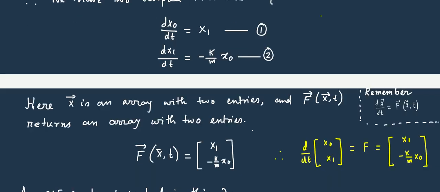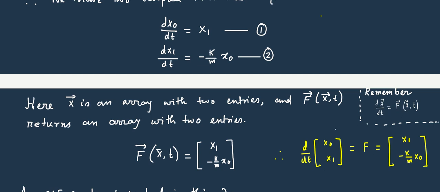Therefore x vector is an array with two entries, and f of x vector comma t returns an array with two entries. That means f equals x1 and minus k by m x0, and x vector is x0, x1, with the derivative of that quantity. So therefore I can recast this.